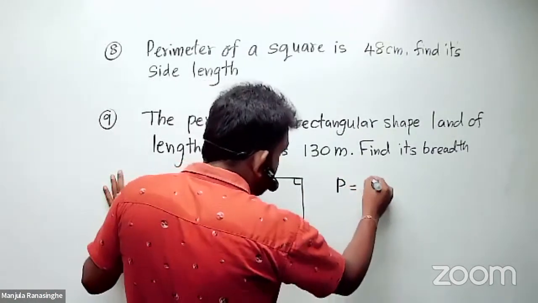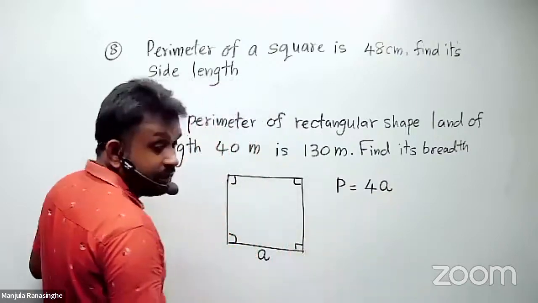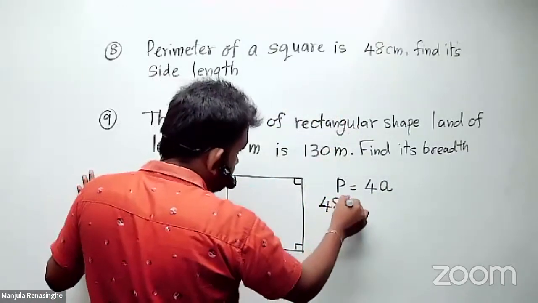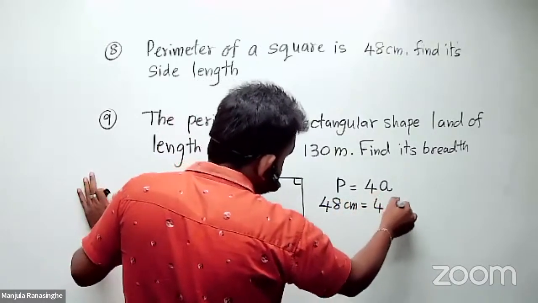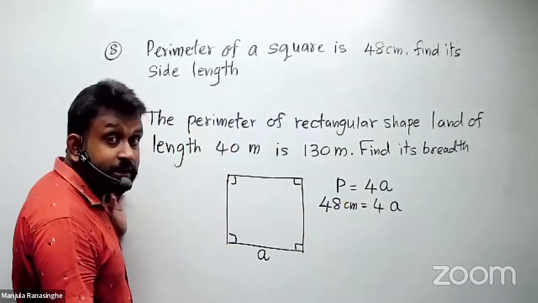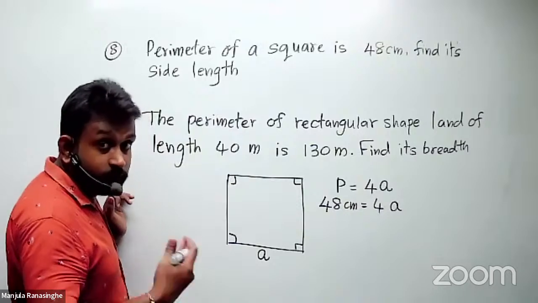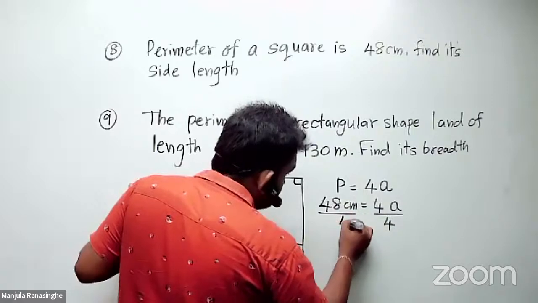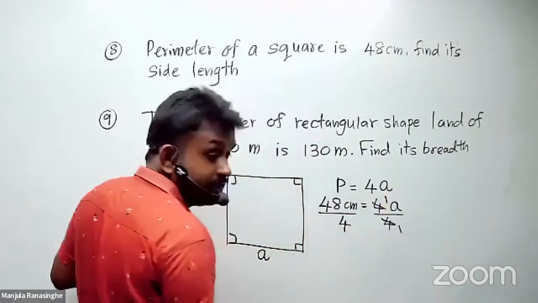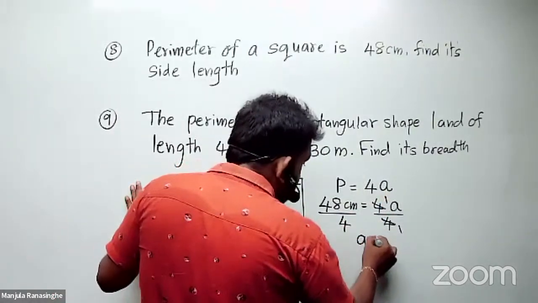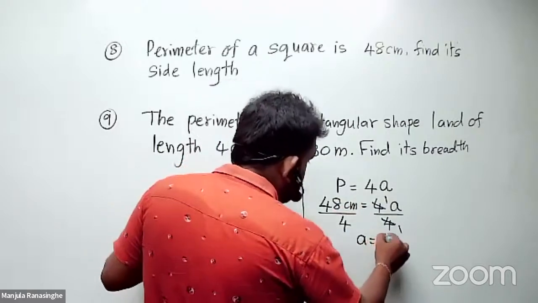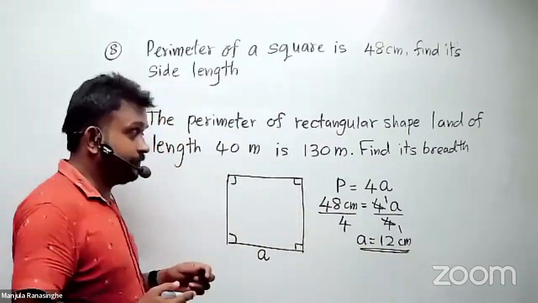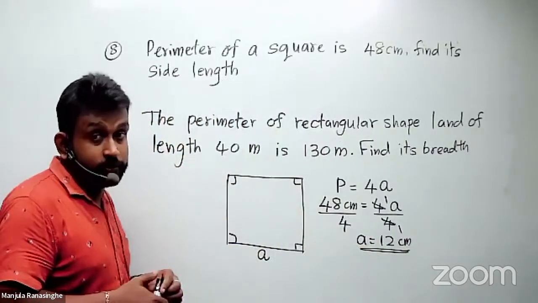Perimeter equals 4A, 4 into A. The perimeter is given as 48 centimeter, and the side length A is asked. So 4A equals 48. How to find A? Just divide both sides by 4. Then the 4 is cancelled. So A equals 48 divided by 4, that means 12 centimeter. So the side length is 12 centimeters.